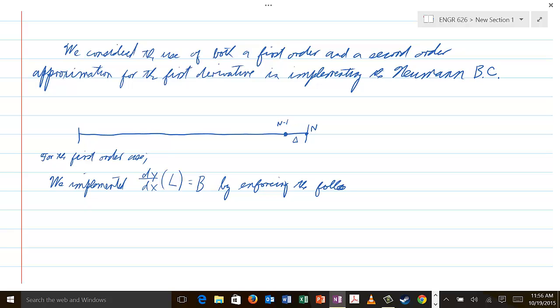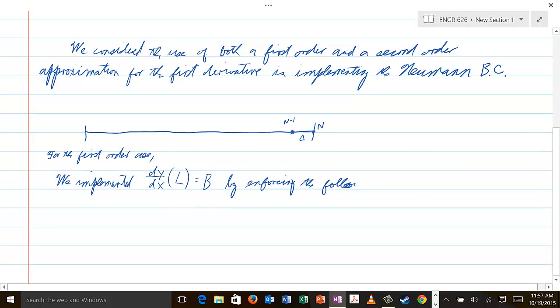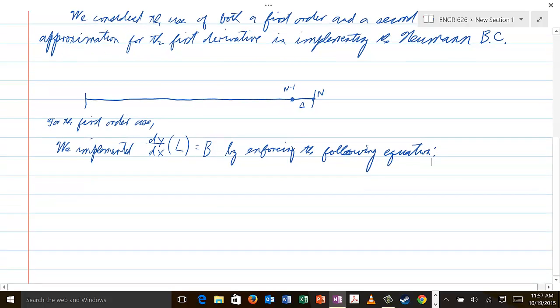And if you don't remember that, please do review your notes. But for the first order case, it only involved these two nodes, n and n minus 1. And so let's complete this sentence now. For the first order case, we implemented dy dx of L equals B by enforcing the following equation. It was the last row in the matrix, and it was the following. We said y of n minus y of n minus 1 divided by delta is equal to b.